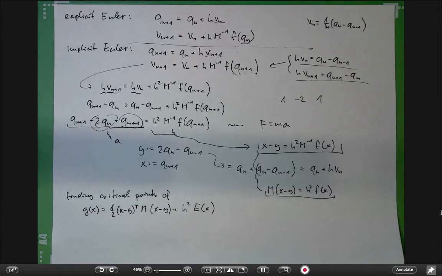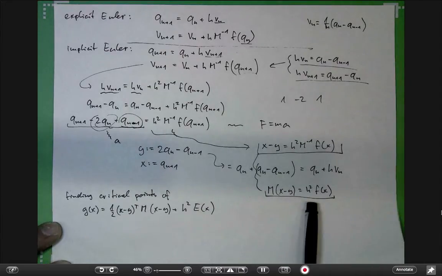So let's see if we are still all on the same page. What are the individual letters there? So x is the state we are solving for, y is the inertia term, M was the mass matrix, h was the time step, and E is the energy potential. For example, in a mass spring system, that's just our Hookean potential, which you are now familiar with.